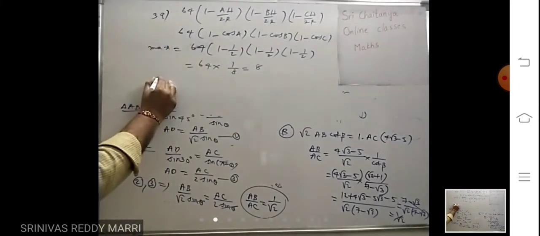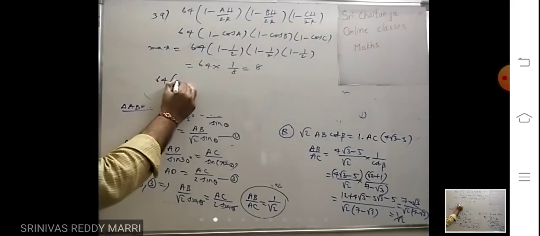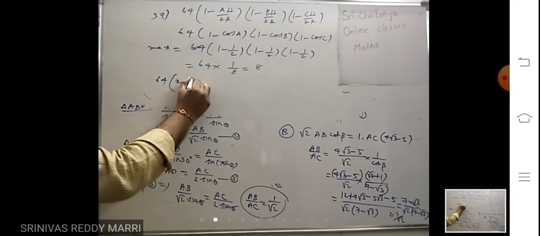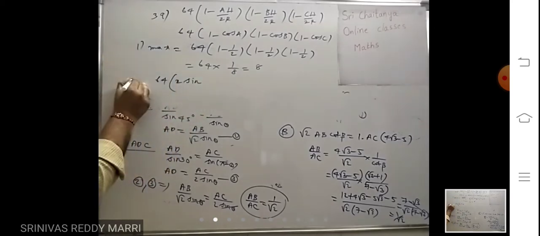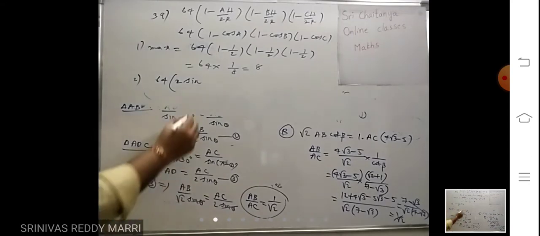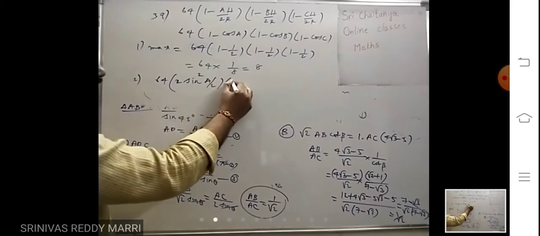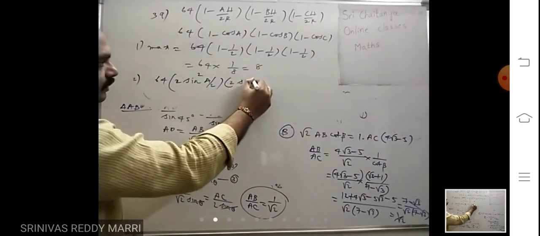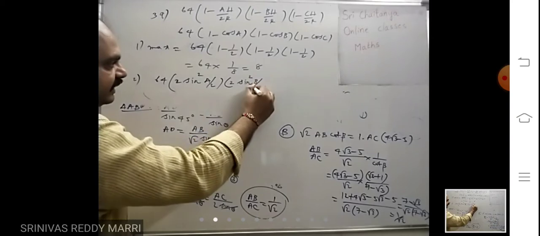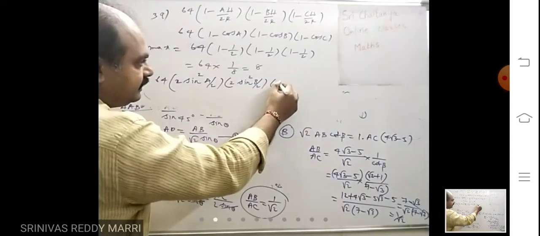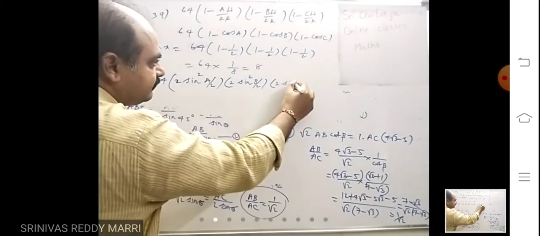Suppose I am calculating. Look at 64 into this, what is this? 2 sine square A by 2. This is method 1, directly A equal to B equal to 60. Method 2: 64 into 2 sine square A by 2 into 2 sine square B by 2 into 2 sine square C by 2.